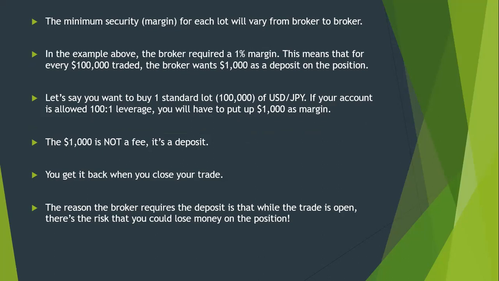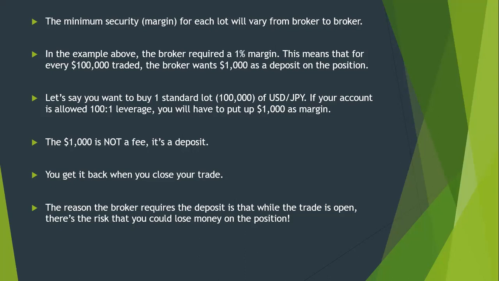This means that for every 100,000 USD traded, the broker wants only 1,000 as the deposit on the position. Let's say you want to buy one standard lot of USD. If your account is allowed 100:1 leverage, you will have to put 1,000 USD as a margin. The 1,000 USD is not a fee, it's a deposit. It is your initial capital which you deposit in your account.